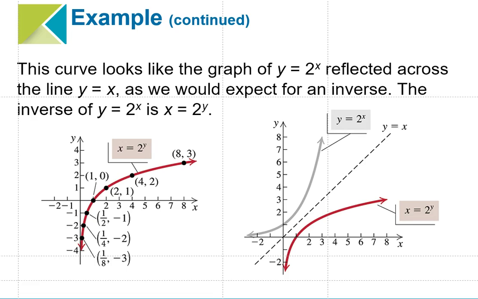And one thing I want to point out is this is an asymptote here. This will never ever touch the y equals 0. It approaches it, it gets closer and closer and closer, but it will never touch and it will never cross. So that's something important to know. All right.